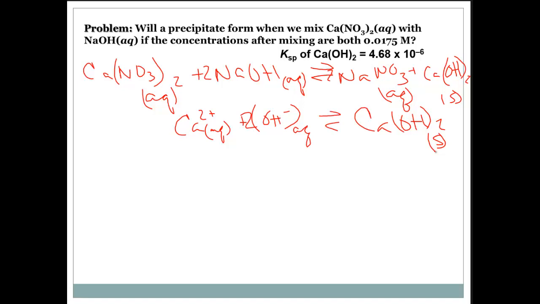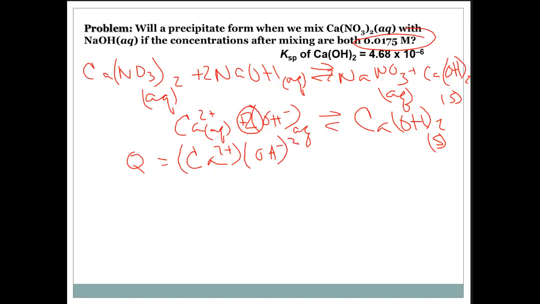So that means that we have both at 0.0175. Q is equal to Ca2 plus times OH minus, and because of that 2, it is going to be squared.